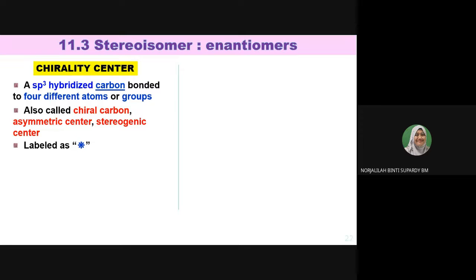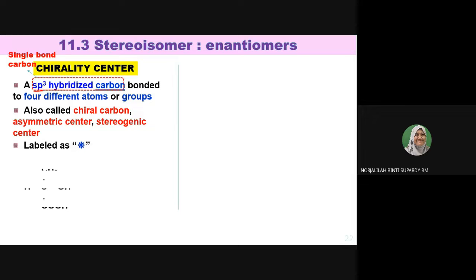So a chirality center can only exist for a carbon atom, and it must be a carbon atom with single bonds. An sp3 hybridized carbon is also known as a chiral carbon, asymmetric center or stereogenic center, and usually it is labeled with an asterisk. So when you want to show the existence of the chirality center, you mark it with an asterisk.